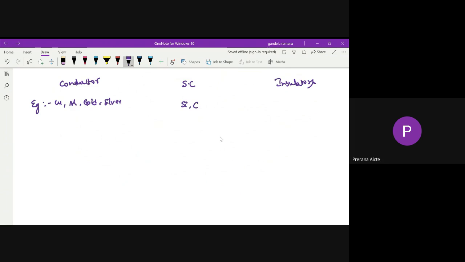Silicon, germanium. What are the examples of insulators? Paper, mica, glass, etc.